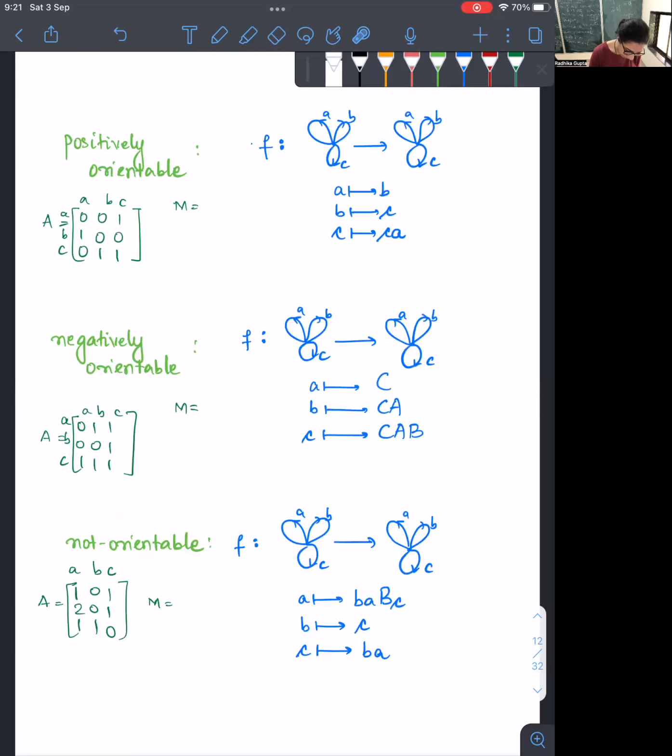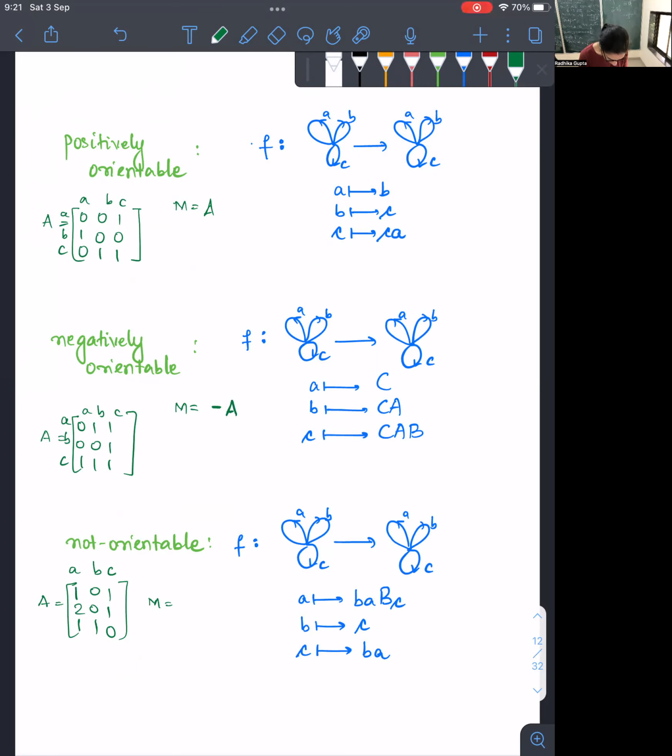So an example is best. So in this example, even if I abelianize things, so by abelianizing, I mean I don't care about which order things are happening. So in the first case, I will get the same matrix. In the second case, A maps to C with a negative orientation. So that will be a -1. And everywhere there will be a minus sign. So M will be just -A.